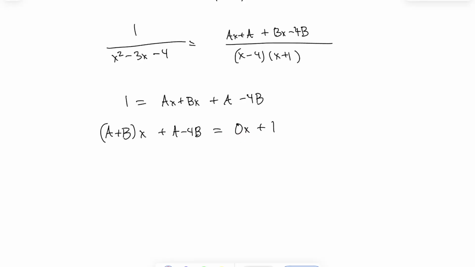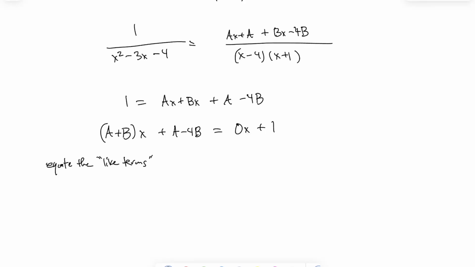That's because I am thinking of both sides here as being polynomials of degree 1, all right? They have a constant part, and also an x part. Now this one here just happens to have a 0 coefficient on its x part, all right? But anyway, now we can equate the like terms, as they say.